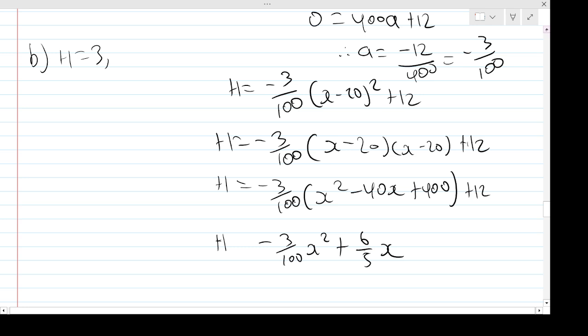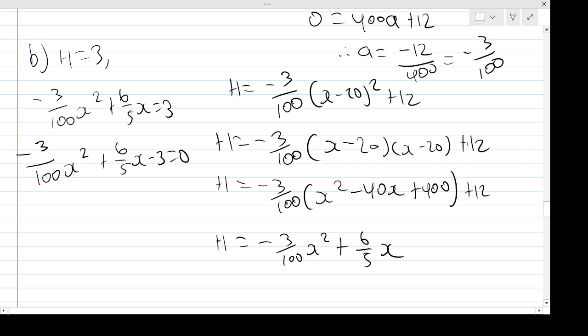So when h is 3, I then get that minus 3 over 100 x squared plus 6 over 5 x is equal to 3, okay? Because remember that equals h, but h is equal to 3. So now this is a quadratic equation, because if I move 3 onto the other side, I get minus 3 over 100 x squared plus 6 over 5 x minus 3 equals 0.